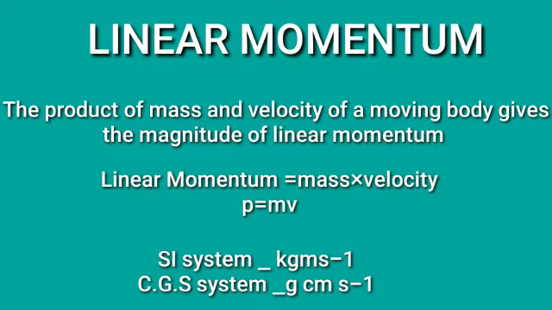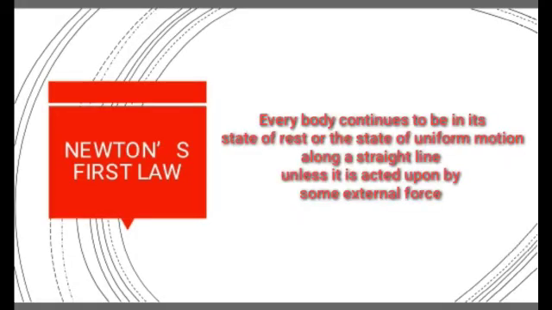The SI unit of linear momentum is kg meter per second, that is kilogram meter per second, and in CGS system we call it gram centimeter per second, g cm per second. Do you understand? Now we move on to Newton's laws of motion.